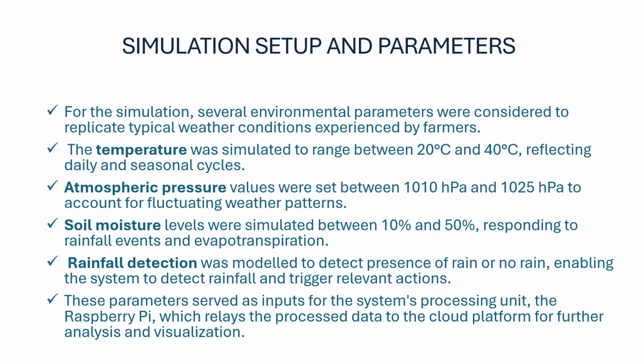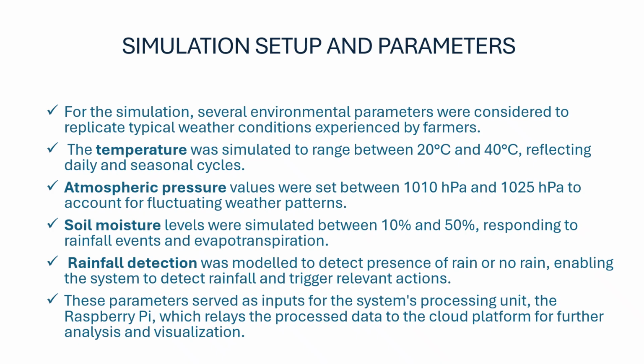I told you that we need different kinds of sensors, display module, SPI device and gateway for simulation of the IoT enabled smart agriculture system. Today we will discuss the simulation setup and its parameters, such as temperature data, pressure data and soil moisture data, with the help of suitable diagrams.